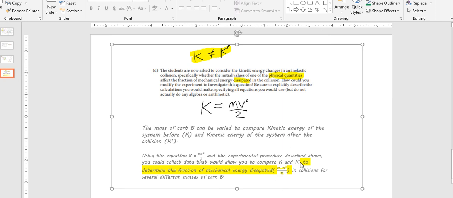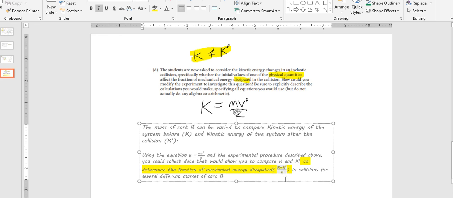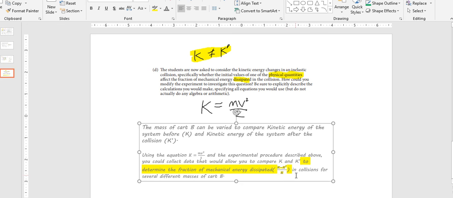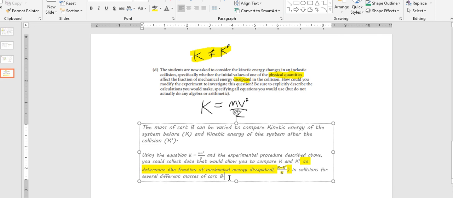So basically, I should have put, using that equation and the experimental procedure described above, you could collect data that would allow you to compare the initial kinetic energy and the final kinetic energy to determine the fraction of mechanical energy dissipated. So that's the difference between them over how much you initially had. So how much you lost over how much you had in collisions for several different masses of cart B. So I guess I can't get every single point.